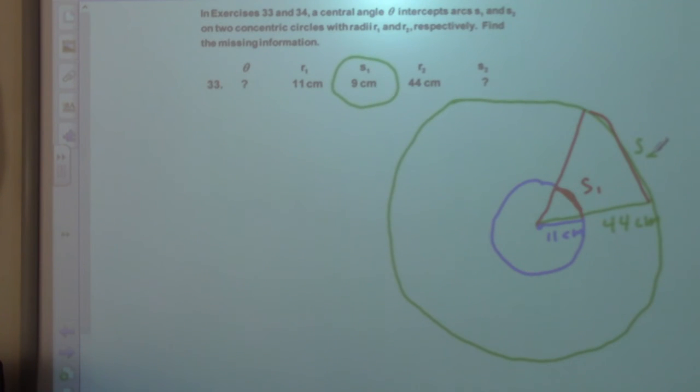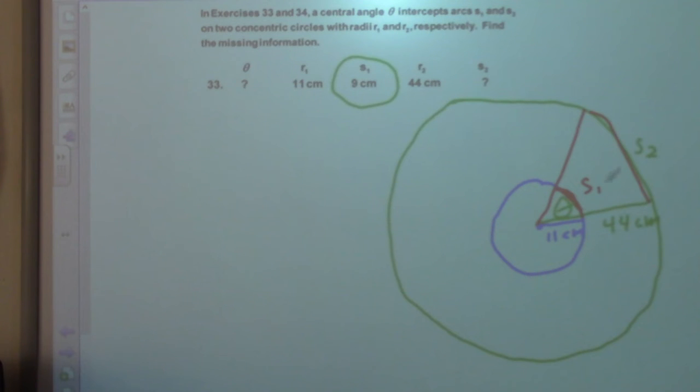My pen is a little bit glitchy. And also we want to find what this angle is. So what is this theta right here? Question mark. That's our theta. What is that angle? What is s2? Okay, which one would you try to find first? s2. I would want to do that.